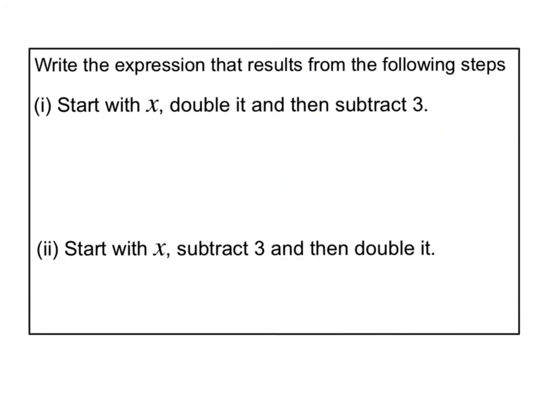Start with x, double it, and then subtract 3. Okay, let's start with 5 again. Start with 5, double it, so that means times it by 2, and then take away 3. So I'll take away 3 from whatever I get. So that's the number version. We're not starting with 5, we're starting with x. So let's change it to our algebra version.